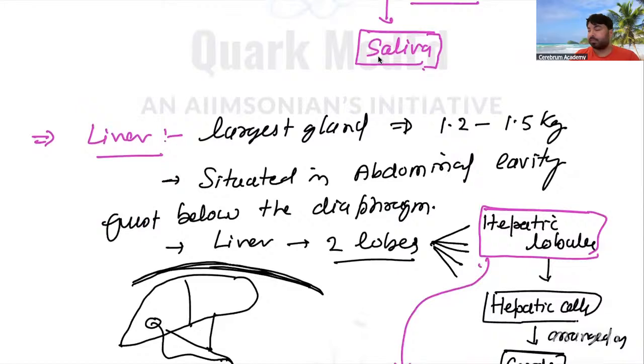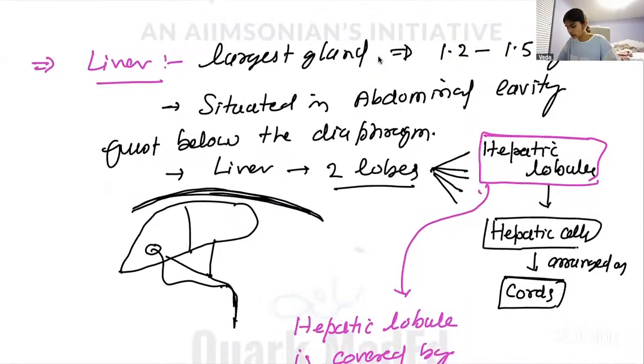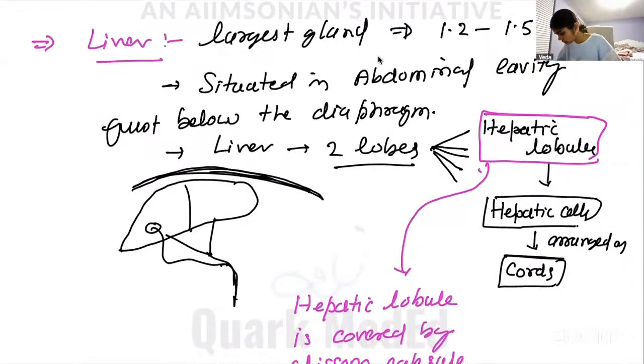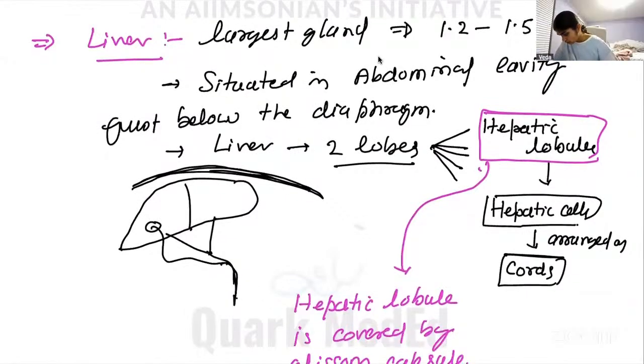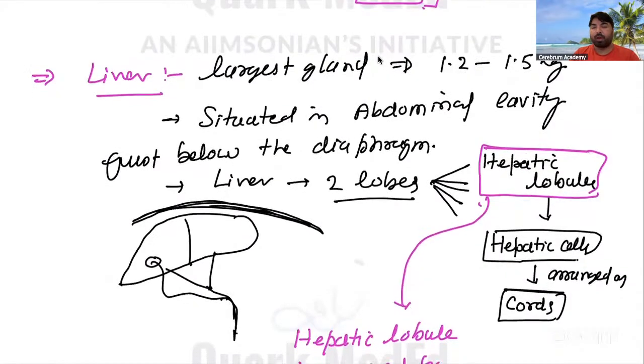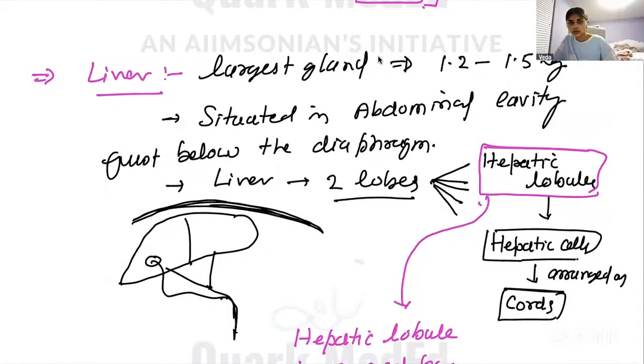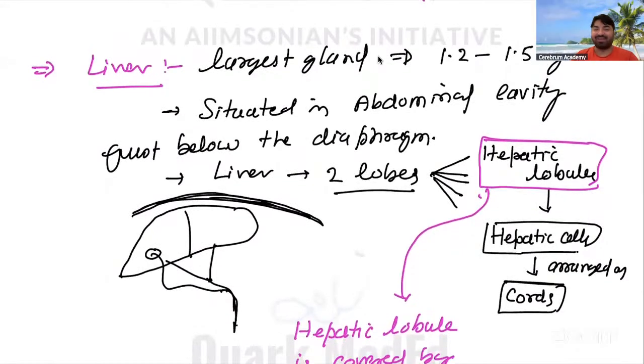It's in the abdominal cavity below the diaphragm, which is next to the lungs. The liver has two lobes, and each is divided into segments, which are known as hepatic lobules, which contain hepatic cells, which are liver cells.